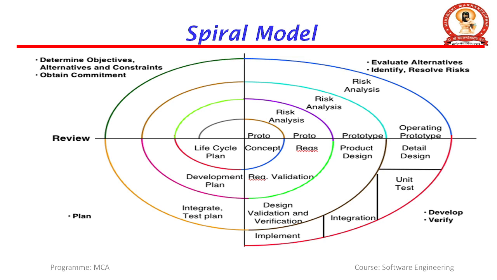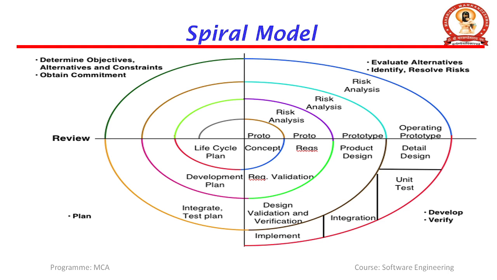In the first quadrant, we will determine the objective and some alternate solutions to that particular problem set, and it is the innermost cycle in which we can start according to the phases. While moving across to the second quadrant, we are able to identify so many alternate solutions to make a prototype for that problem.